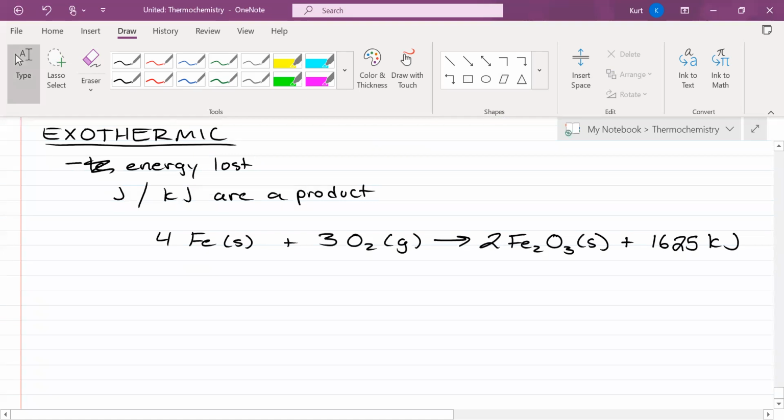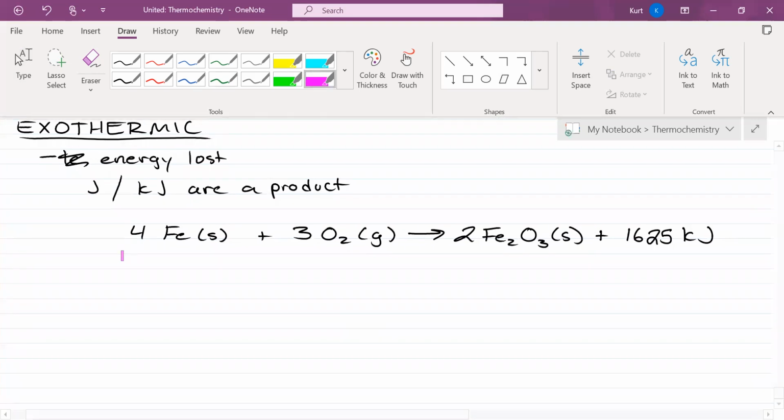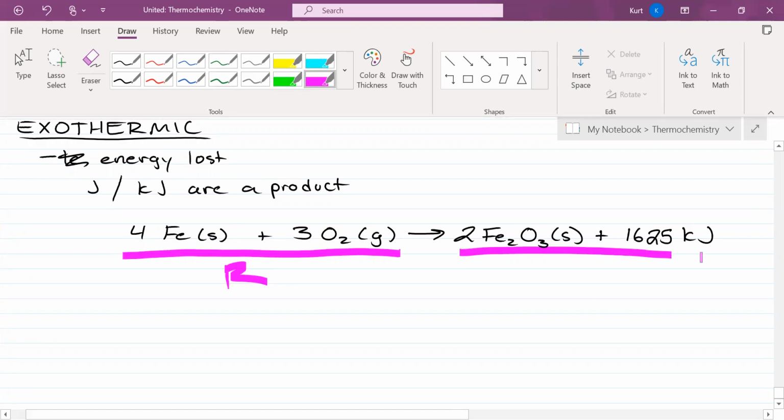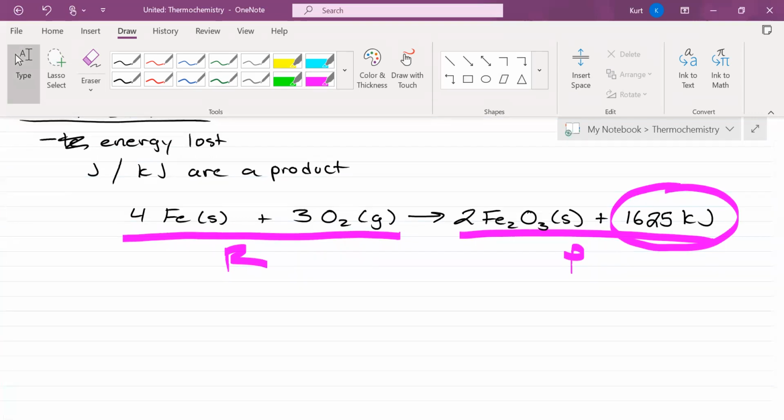All right. As you all know by now, these are the reactants. These are the products. And the fact that I see energy as a product, this indicates that energy was lost. Another way that we could write this, everyone, is like this.